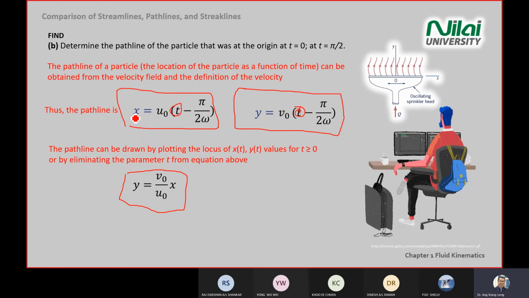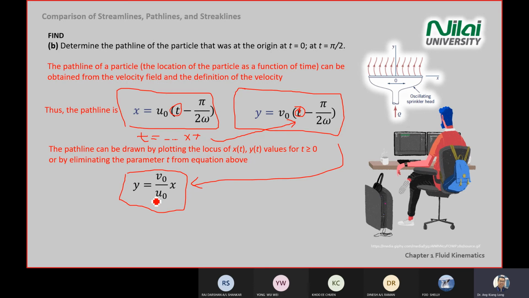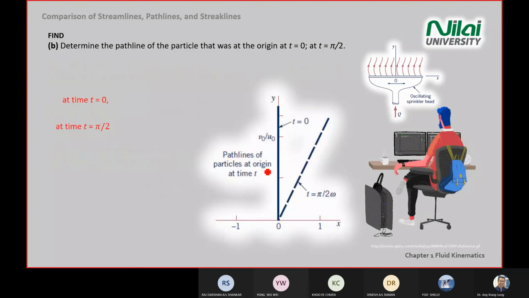You rewrite the x equation in terms of t equal to something, t equal to something x plus this omega something. You substitute your t inside here, and after you substitute, you rearrange the equation and you'll get this one. This one is a much simpler equation. So y equal to something will give you this line.